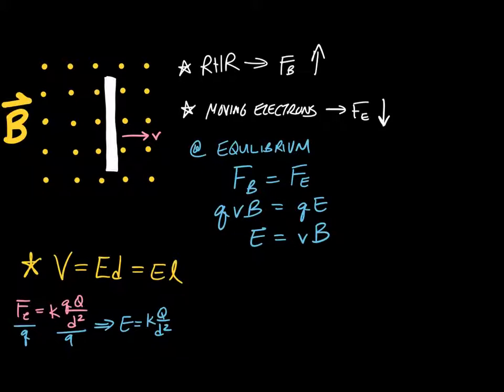And if I multiply this times d, that gives me work done per unit charge, which is going to be kq per d, and this is how we define voltage.